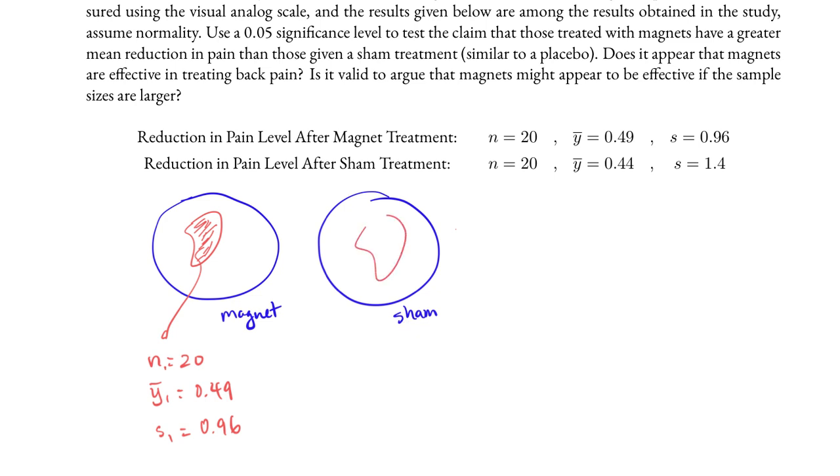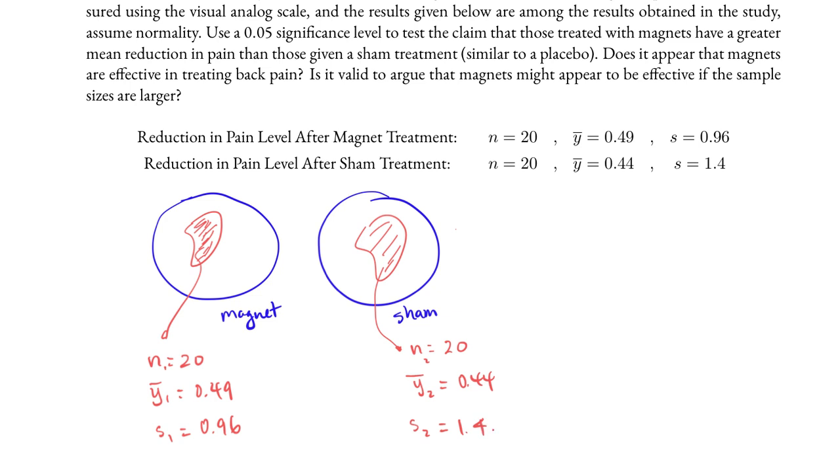Similarly, with the second subpopulation, they obtained a sample size of 20, so n sub 2 equals 20. The mean reduction in pain is y sub 2 bar equals 0.44, and the standard deviation is 1.4.